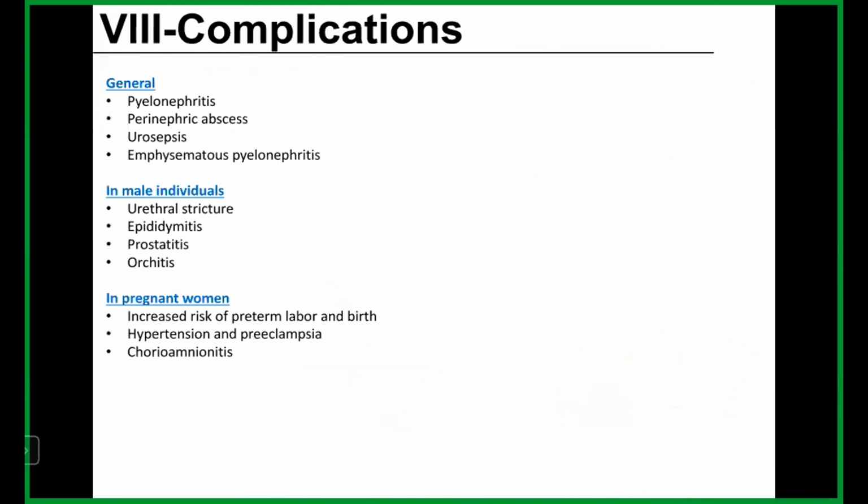So I hope that the therapy of urinary tract infection is clear. We have the upper infection, pyelonephritis, where we could do the therapy ambulant or at the hospital. The lower urinary tract infection, the cystitis or urethritis. Cystitis can be non-complicated or complicated.